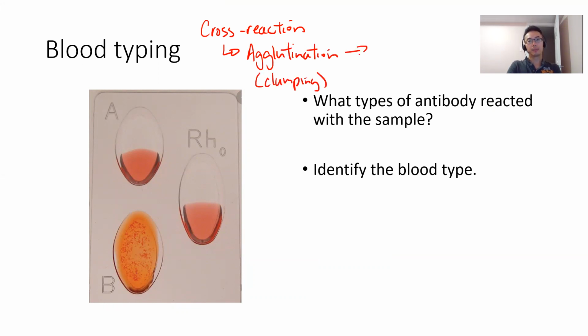And then not in the simulated blood, but in real life in the body, this would lead to hemolysis, right? Red cells popping. So what type of antibody reacted with the sample? We look for clumps, and the only one that has clumps is this guy, right? So antibody B, okay, reacted. No reactions with A, no reactions with RH.